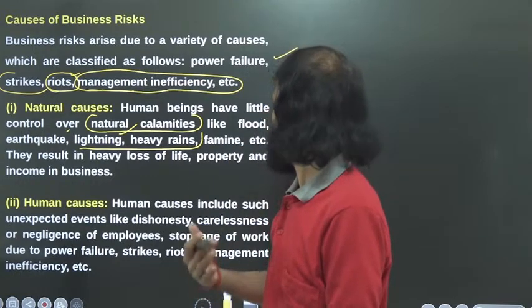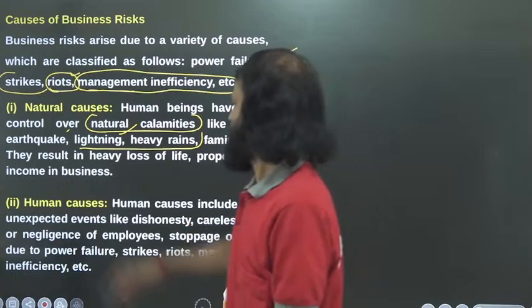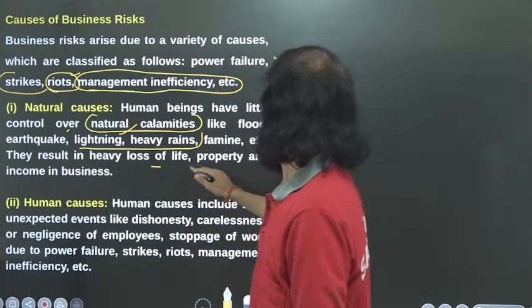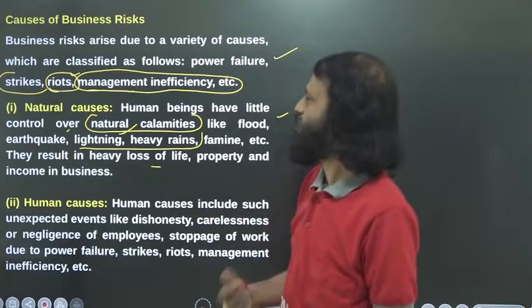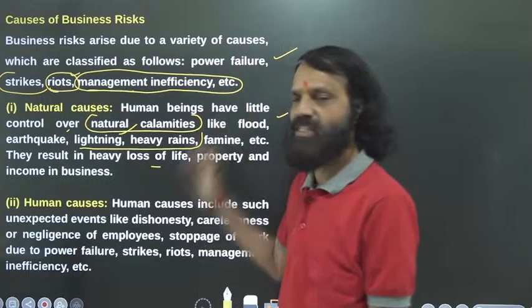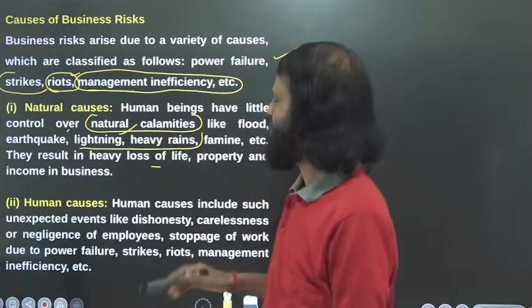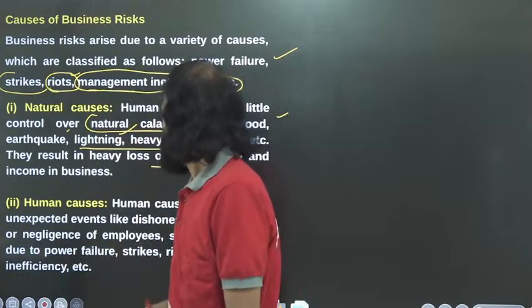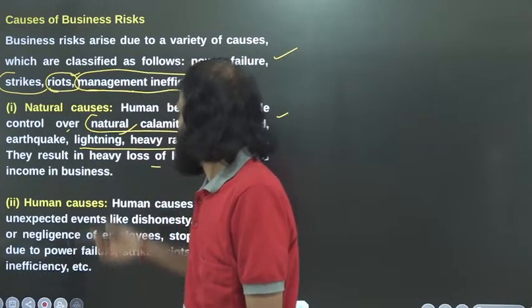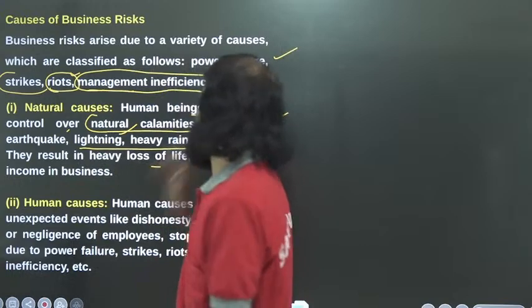All those are the risk factors. They result in heavy loss of life, property and income in business. So of course there is risk in the business, and the natural causes can also accelerate the risk in business.